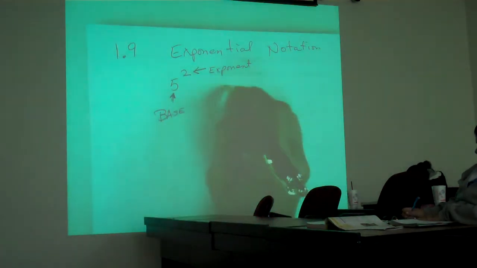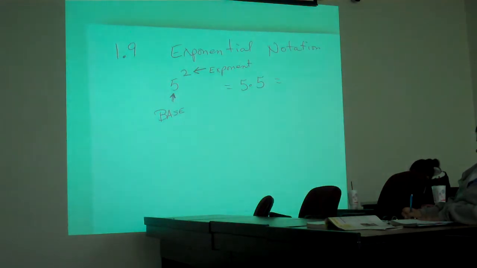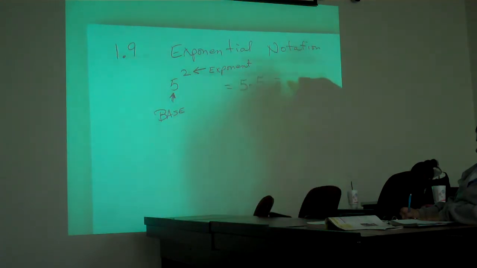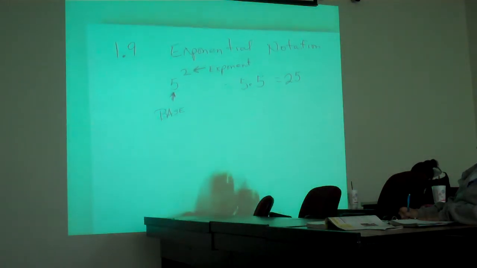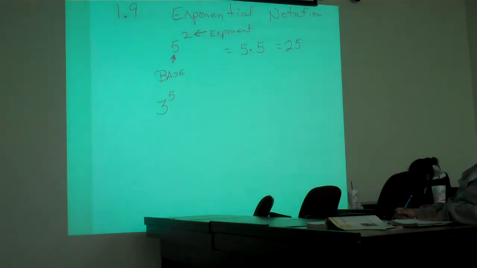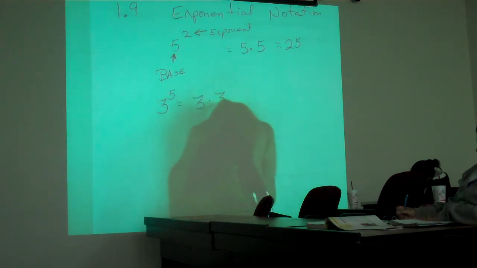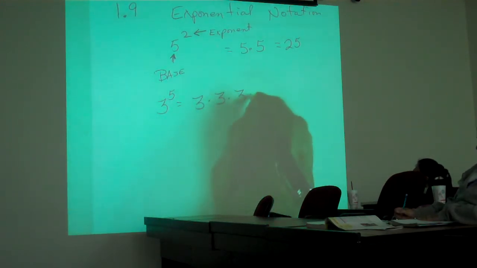So this would mean 5 times 5, which simplifies to 25, right. If you had 3 to the 5th power, don't do 3 times 5 and make it 15. Okay, you have to do 3 that many times. You have to do 3 times 3 times 3 times 3 times 3.